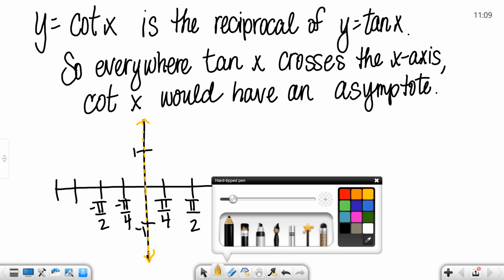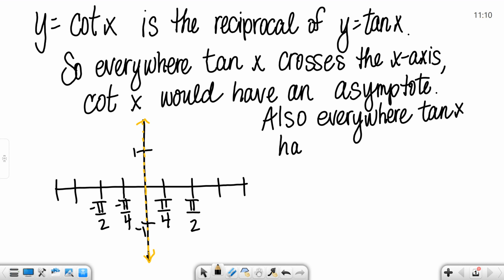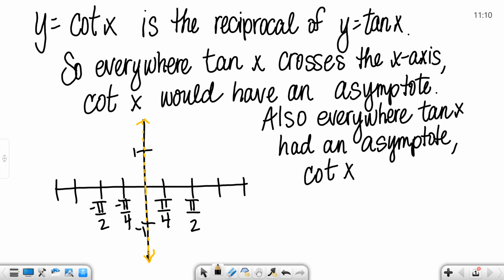Let me add something to my little statement up here. Also, everywhere tangent of x had an asymptote, cotangent of x will cross the x-axis.